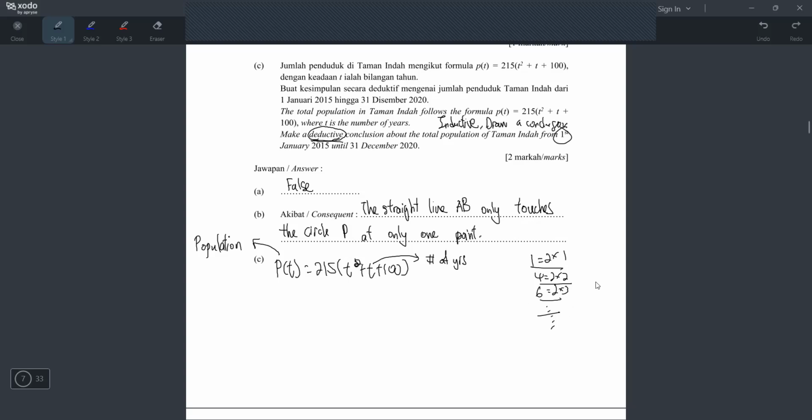It means they will give you banyak specific punya premise, and then you have to make a general conclusion. And the general conclusion is you have to itu formula lah. So 2, 2, 2, this one also 2, and then 1, 2, 3 keeps changing, so this one is n, and then you just write n equals to 1, 2, 3 like that. Ini kalau inductive.